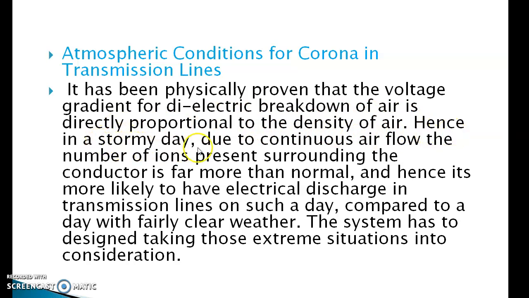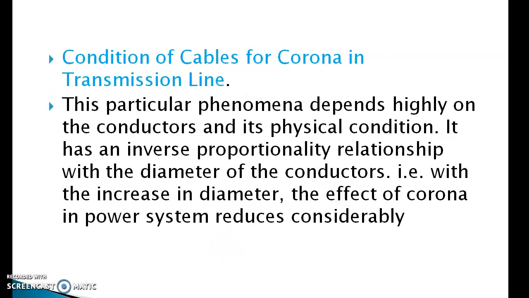Hence, on a stormy day, due to continuous air flow, the number of ions present surrounding the conductor is far more than normal, and hence it is more likely to have electric discharge in transmission lines on such a day compared to a day with fairly clear weather. The system has to be designed taking those extreme situations into consideration.